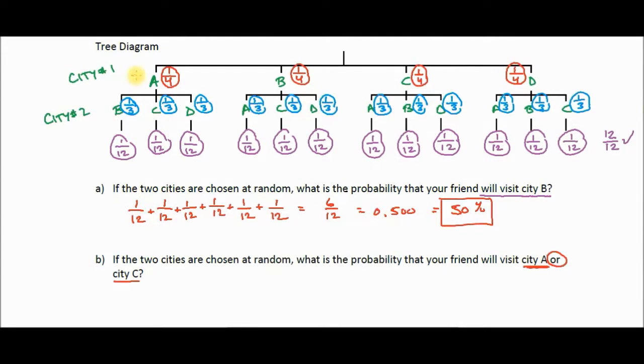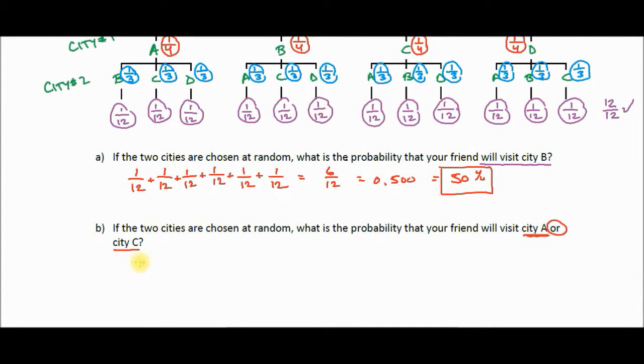So let's take a look. AB, that makes me happy because I visited city A. AC, I visited actually both of them. They make me really happy. AD, that also makes me happy. So the first branch, we can grab all of the final probabilities. 1/12 plus 1/12 plus 1/12.